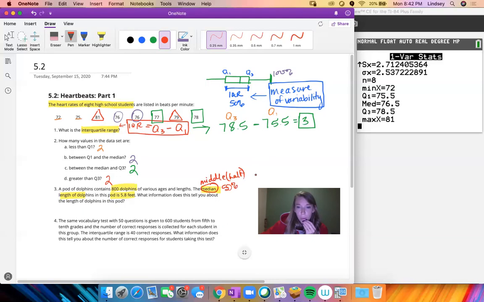So we have 800 dolphins. What is half of 800 dolphins? It would be 400. So if half of them, that's 400.